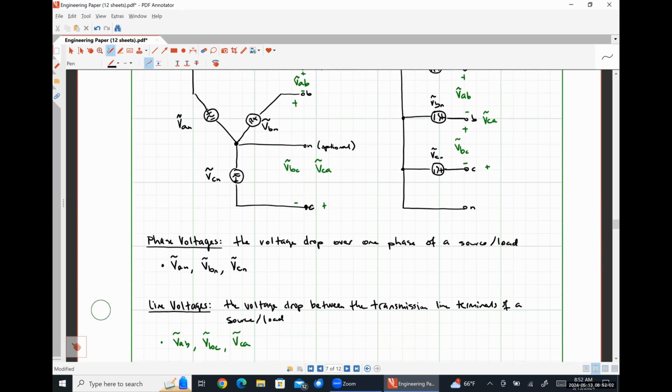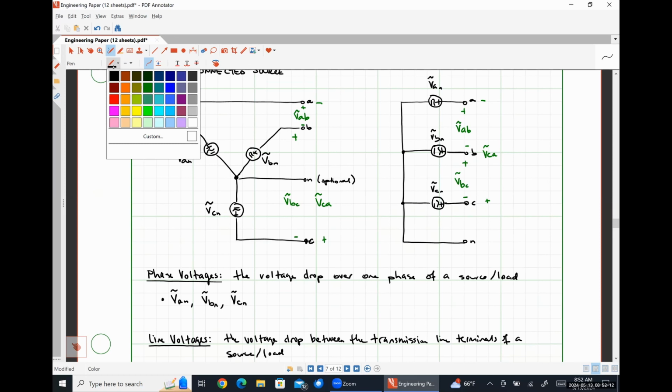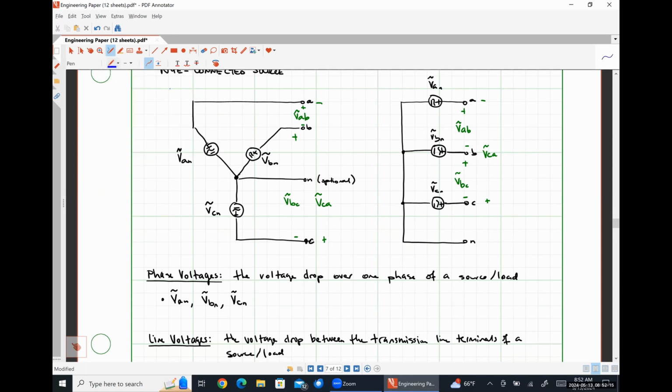And so this is another place where textbooks and I tend to disagree. It's literally just a direction thing, nothing other than that. I personally prefer to have my phase currents drawn as if they're flowing into the positive polarity terminal of each phase, regardless if I'm on the source side or the load side. Most textbooks draw phase currents flowing out of the source and into the load. I'm going to draw them flowing into the source and into the load so that we don't have to worry about subscripts getting backwards and all of that kind of weird stuff.